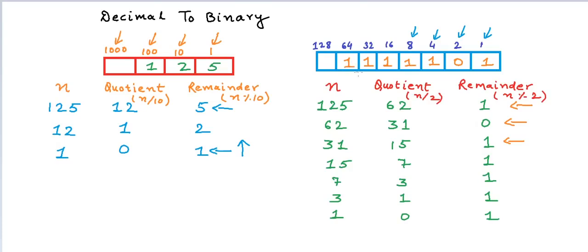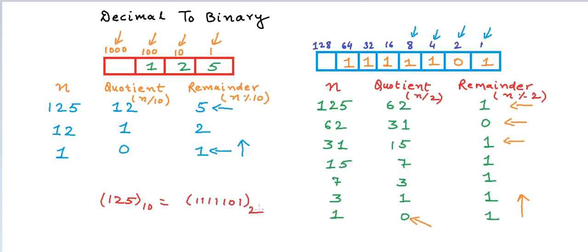And we stop once we get a 0 in the quotient. So now we can see that the remainder from bottom to top is actually giving us all the digits of the number in its binary representation. So we can say that the number 125 in base 10 is actually 1111101 in binary, or base 2.